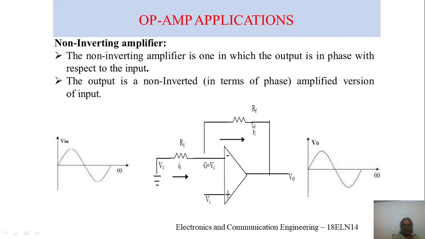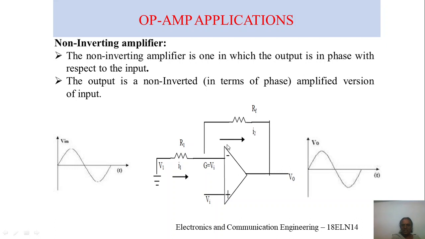This voltage divider network again produces negative feedback. This closed loop configuration always produces a non-inverting amplifier circuit, which leads to good stability and very high input impedance. So by using this type of circuit, we can have good stability and very high input impedance.